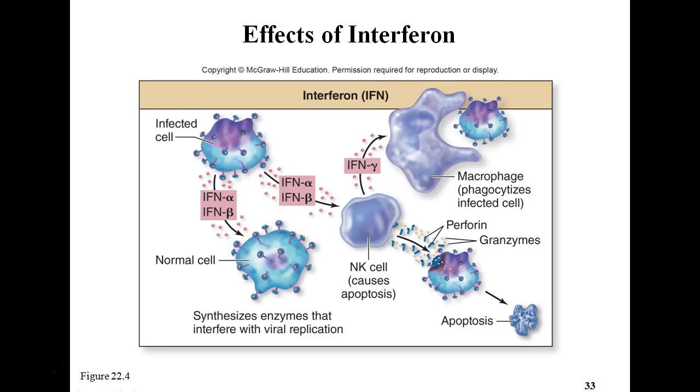So interferon is going to bind to receptors of neighboring cells, and that's going to prevent them from being infected. In addition to the prevention, it's also going to trigger the synthesis of enzymes that destroy viral RNA or DNA. And also, this interferon is going to stimulate macrophages and natural killer cells to destroy the virus-infected cell.